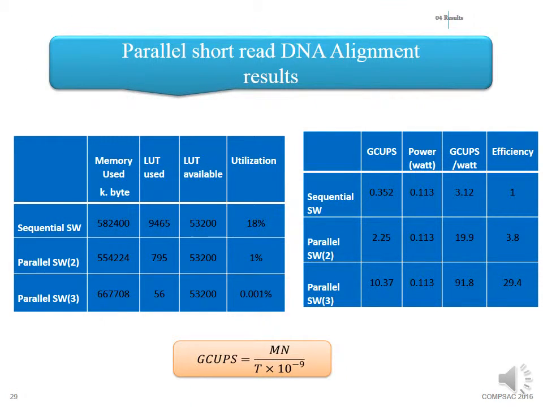Comparing the sequential Smith-Waterman algorithm and our parallel design with 2 subsequences and 3 subsequences, we find that FPGA utilization decreased from 18% to 1%, efficiency increased by about 30 times, and GCUPS per watt increased from 3.12 to 91.8. This shows that our new parallel hardware Smith-Waterman design using divide and extend techniques is more efficient and accurate with high speed.